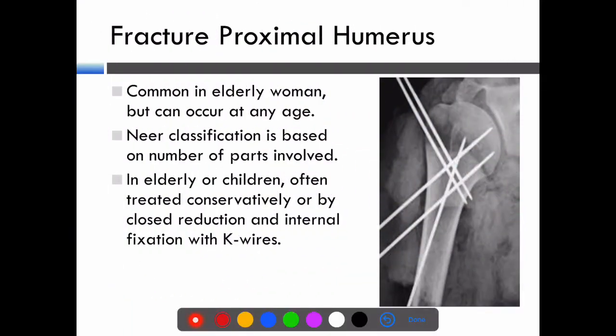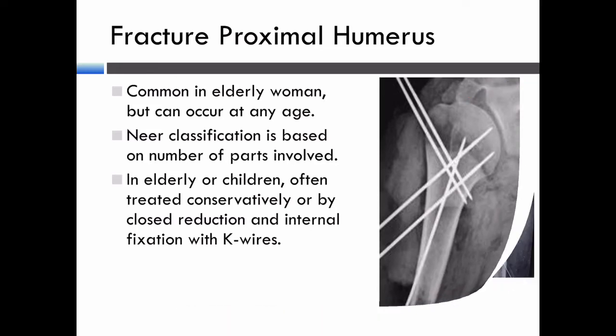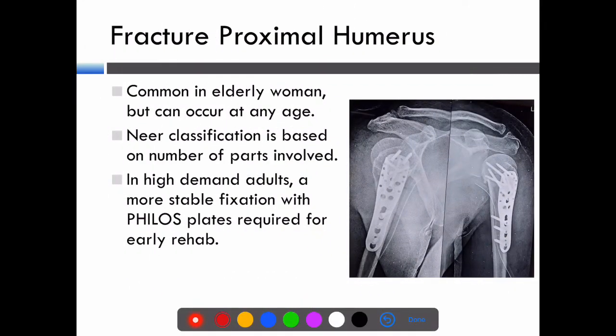In elderly women and in low demand patients we treat this by closed reduction and K-wire fixation. In elderly and some children, we can also fix this by K-wire fixation, like shown in this picture. But in high demand patients, when early mobilization is required, then we fix it with this kind of plates.